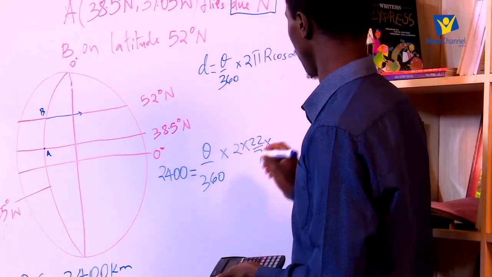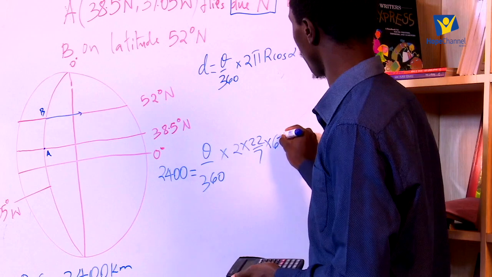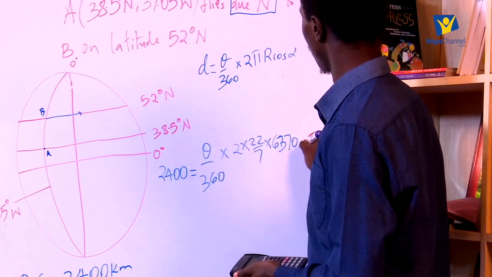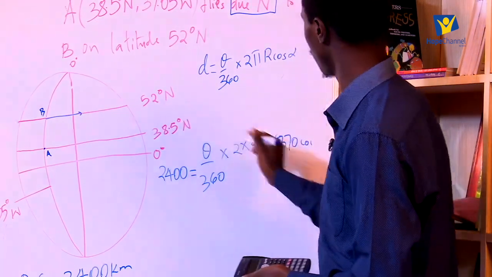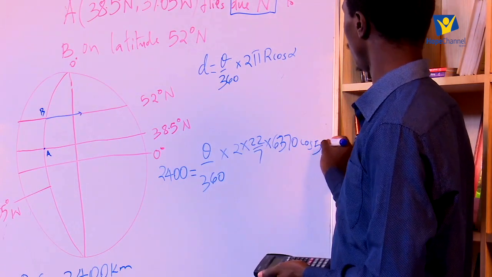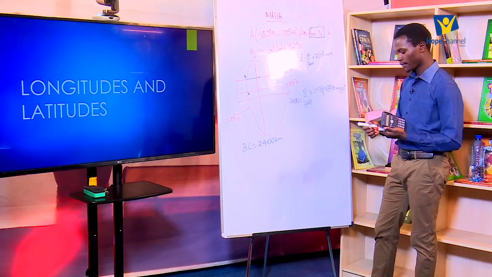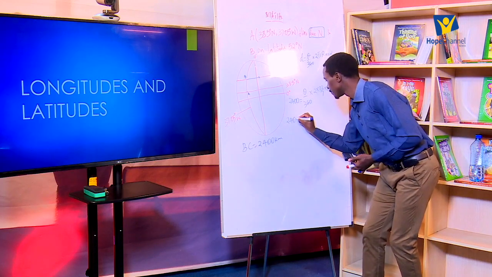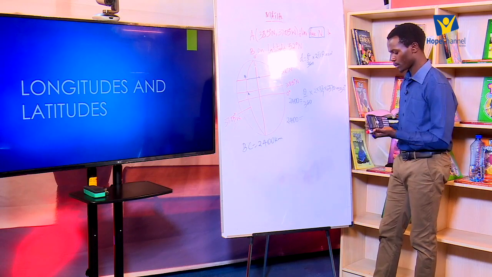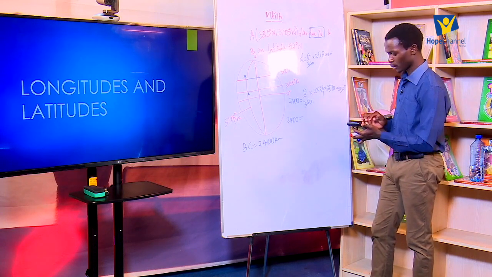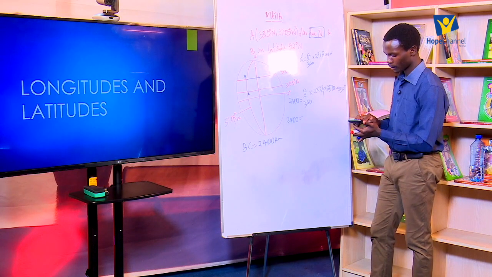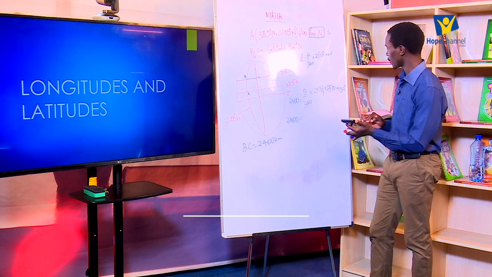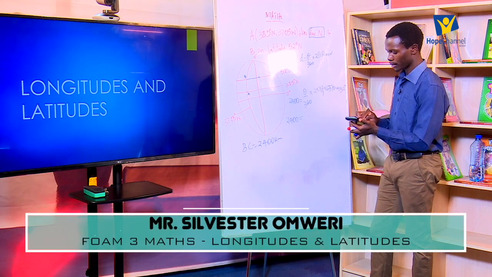We were not given, but I said we now use 6370, and the cosine of the latitude 52. So cosine 52. Now let's see what we get. So that gives us 2,400 being equal to, let's work out 2 times 22 times 6370 times the cosine of 52 divided by 360 times 7.